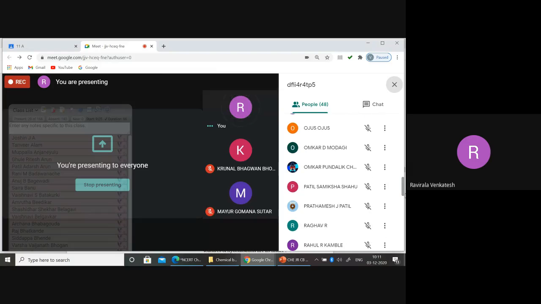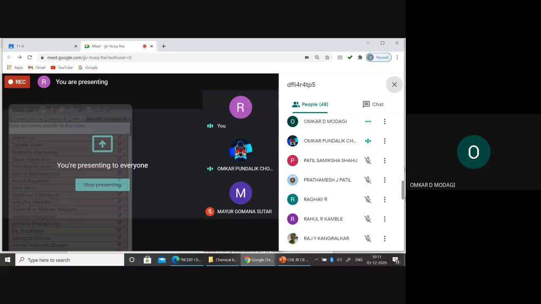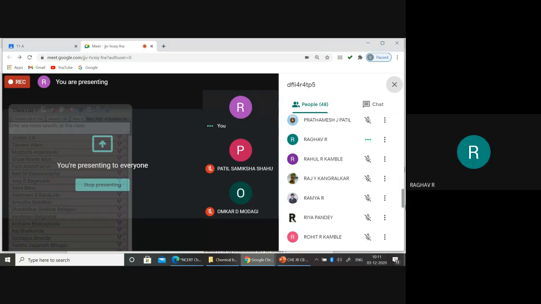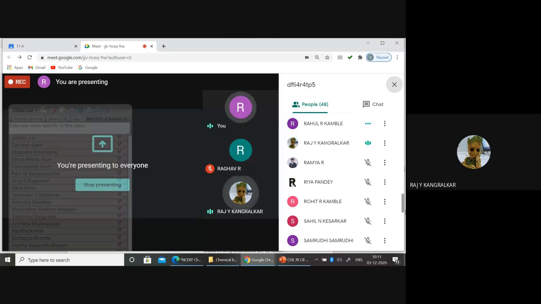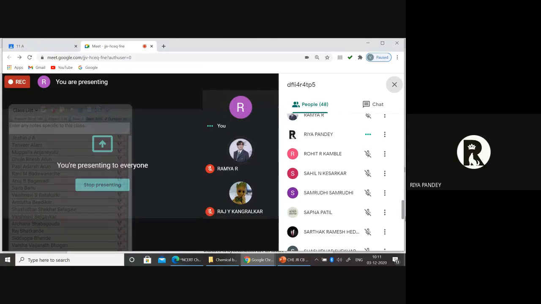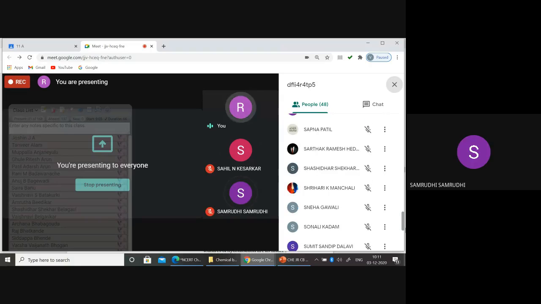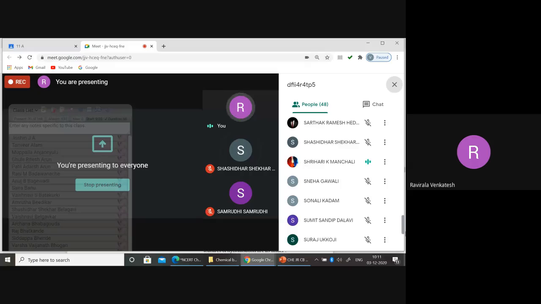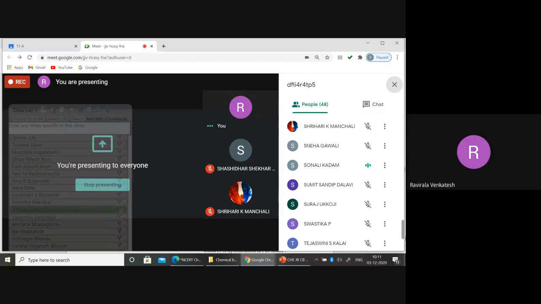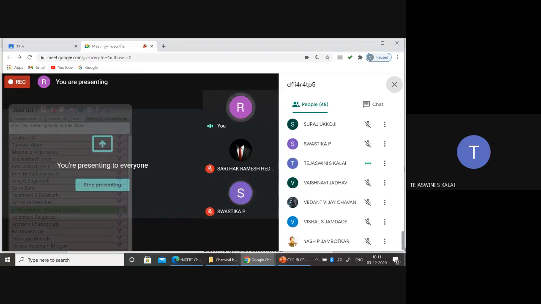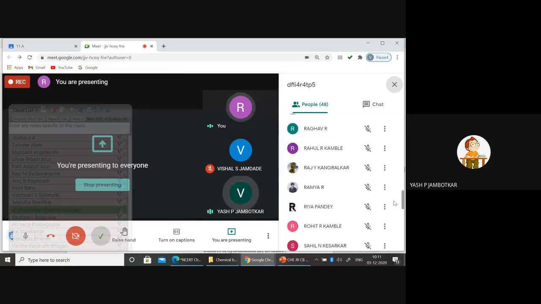Omkar DM, Omkar PC, present, sir. Raghav, present, sir. Raj, Ravina, Riya, present, sir. Sahil, Samruddhi, present, sir. Shashidhar, present, sir. Sneha, Sonali, present, sir. Sumit, Suraj, Swastika, Tejas, present, sir. Vaishnavi, Jay, present, sir. Vedant, Vishal, Yash, present, sir. These are the presentees.